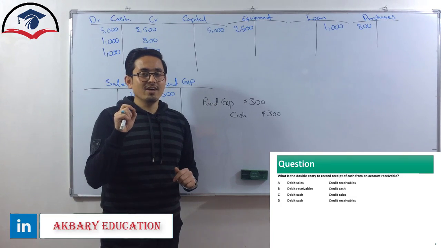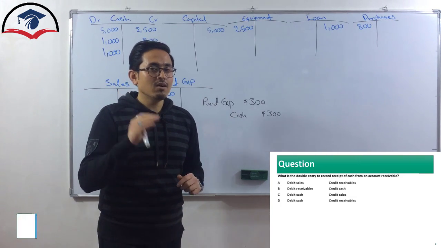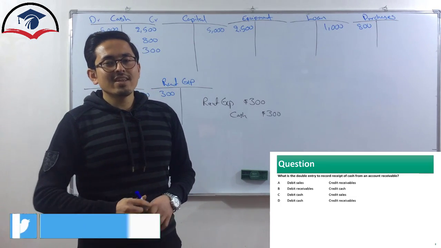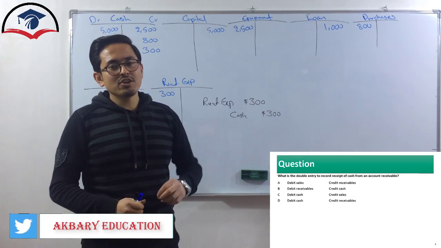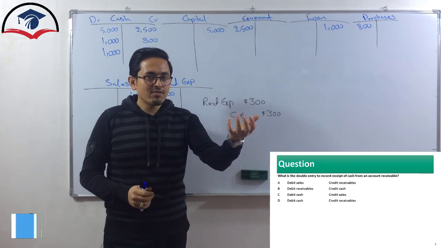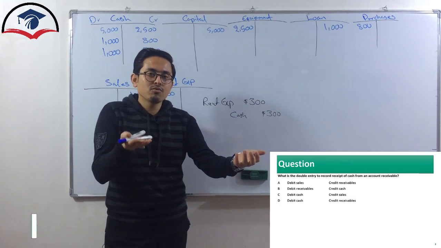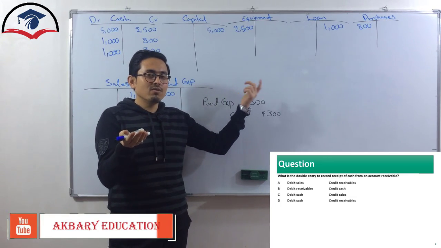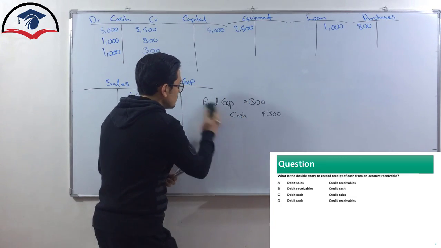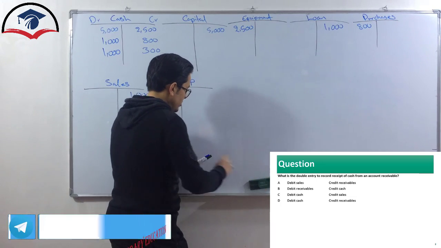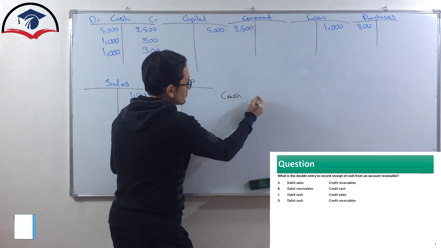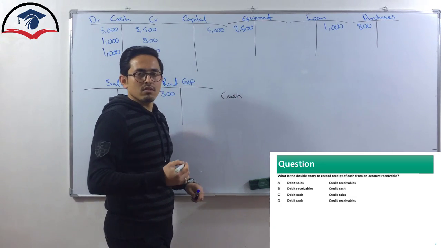What's the answer? Okay, good. Let's work together. What is the double entry to record receipt of cash from an account receivable? I have received some cash, so my level of cash will increase. Cash was part of EA, asset. Asset increase was debit. So my cash was increased. Cash increased by how much?